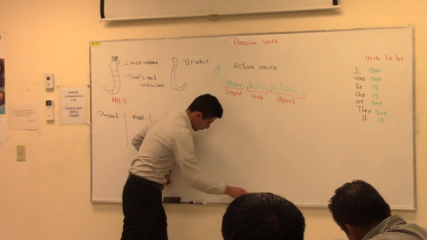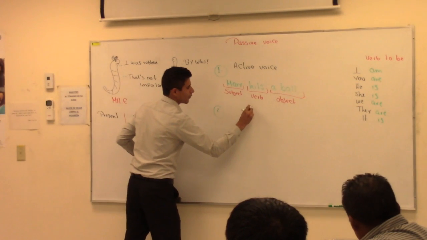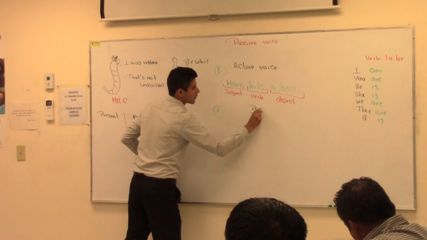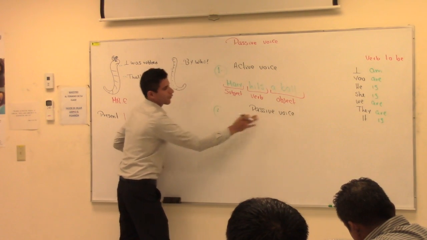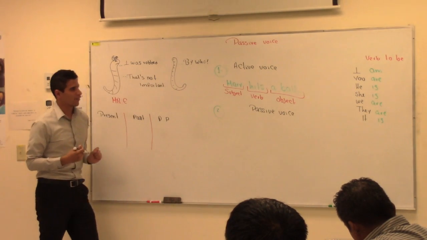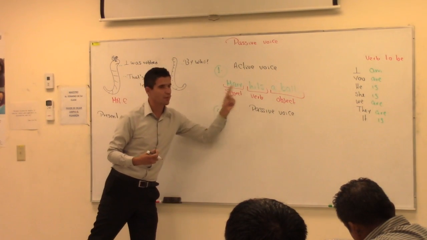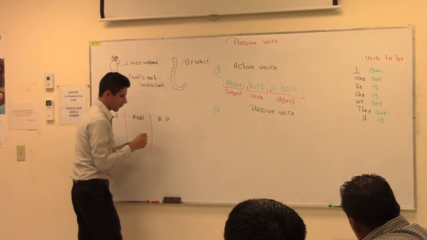Excellent. So, now, what happens with the passive voice? Now, this is the one we are interested in, the passive voice. So, what happens? Okay, so we have Mary hits a ball. So, now let me write down this sentence, but in passive.